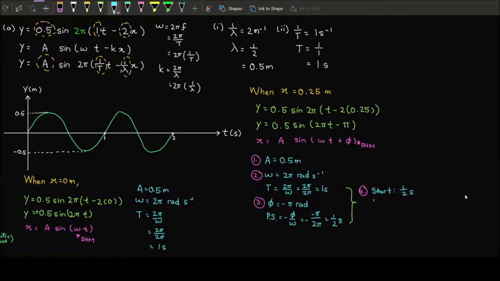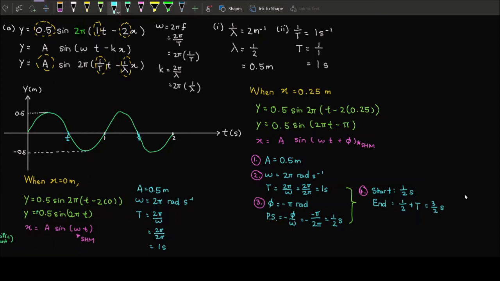And where will I end? I will draw it for one oscillation first. For one oscillation, you take one period, so plus T. So you end up with 3/2 seconds. So I will start my drawing somewhere around here. This is half. Then I'll end my drawing somewhere around here, 3/2.